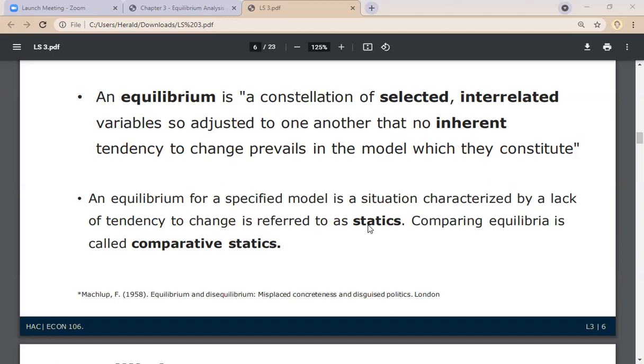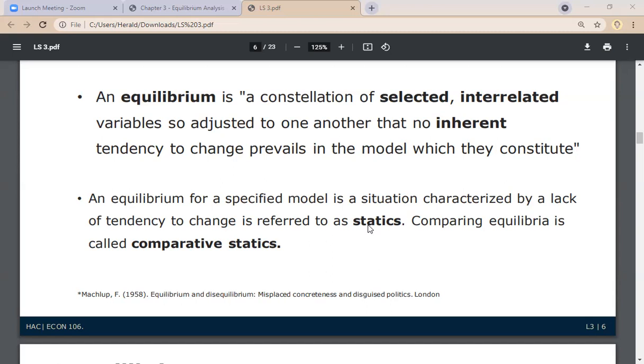If, for example, we include other variables in that equilibrium state, then that equilibrium state would no longer apply, because the equilibrium state will change due to the additional variables.